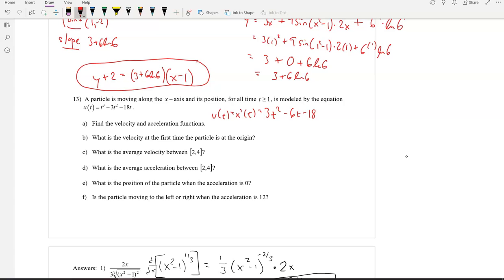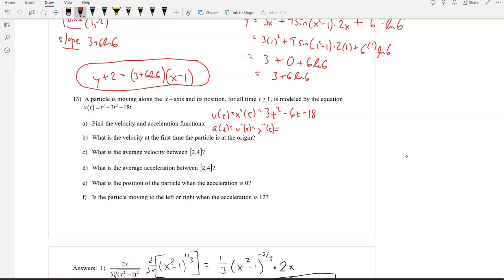Okay, and then how do we find the acceleration function? Yep, derivative of velocity, or you can say the second derivative of the position, either one. So a of t is equal to v prime of t, which is equal to x double prime of t. And you don't need to write all this stuff that I'm writing here.